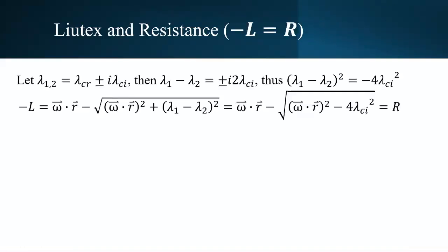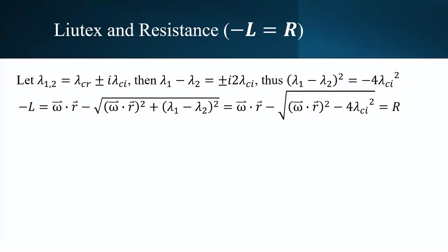Another thing about Lutx and resistance is that negative resistance and the Lutx are deeply connected. Suppose we plug the 2 complex conjugate eigenvalues in as our lambda 1 and lambda 2 into the formula for the third case, which is for the non-rotational point.